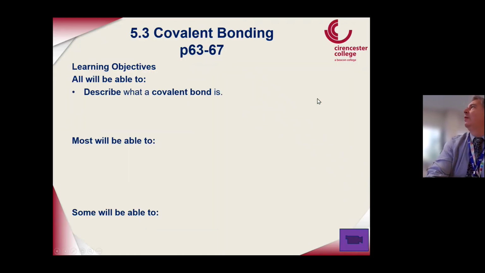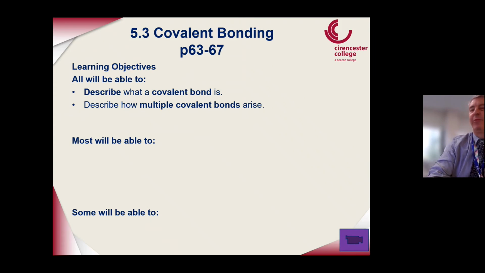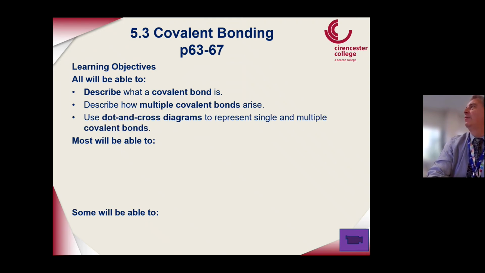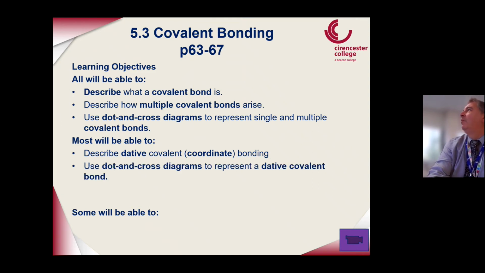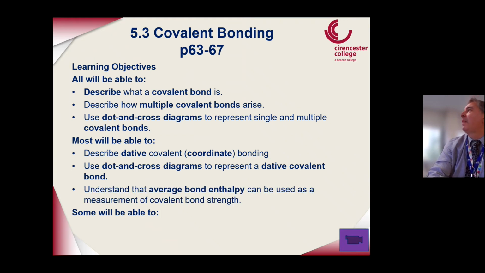Okay, so this is what we're going to look at here. We looked at ionic bonding last time and giant ionic lattices. We're now going to look at covalent bonding, having a look at multiple covalent bonds, drawing dot and cross diagrams. We'll also look at this new type of bonding called dative covalent or coordinate bonding, and we'll still be able to use dot and cross diagrams.